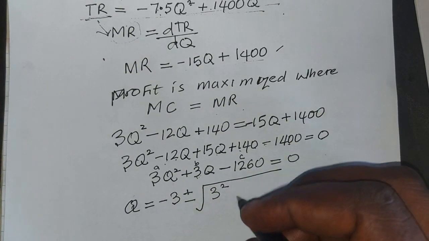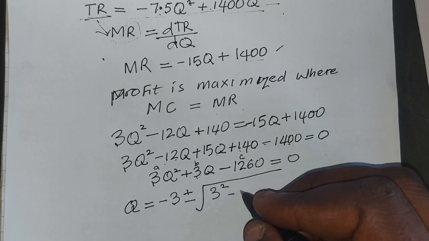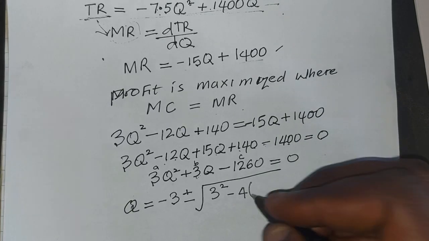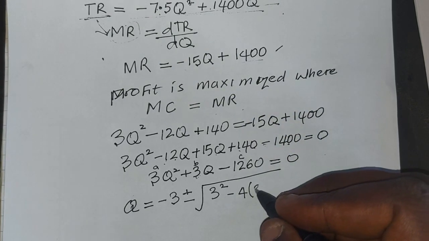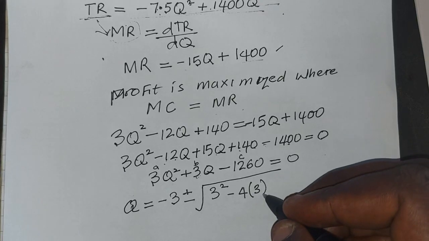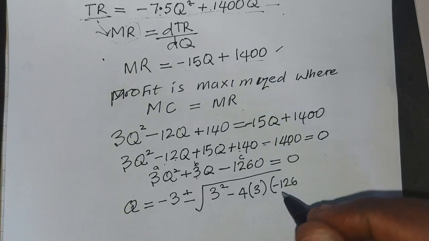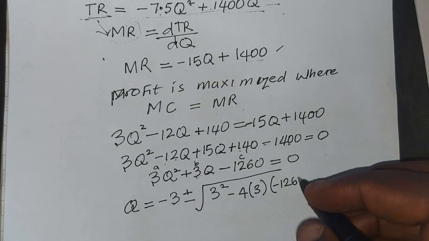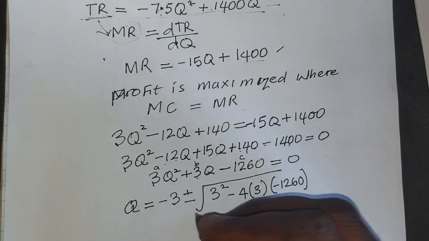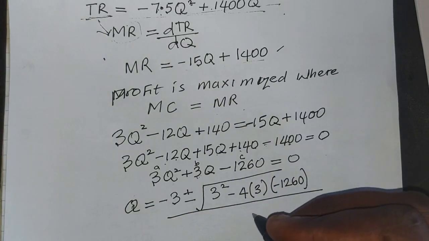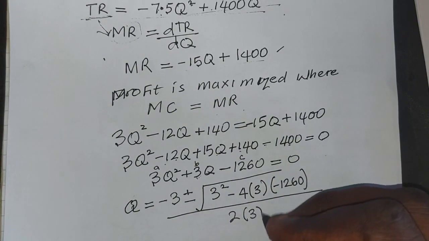This is the almighty formula. Minus 4 into bracket a, which is 3, close the bracket, open bracket again, minus 1260, all over 2 into bracket 3.